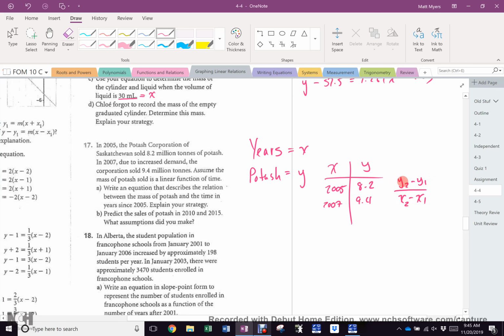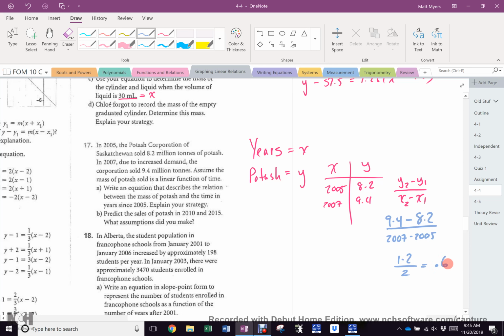So, what is going in for y2? 9.4 minus 8.2 over 2007 minus 2005. What's 9.4 minus 8.2? 1.2 over what? 2. What's 1.2 divided by 2? It's 12 divided by 2. 6, and I need one decimal place, 0.6, yes?